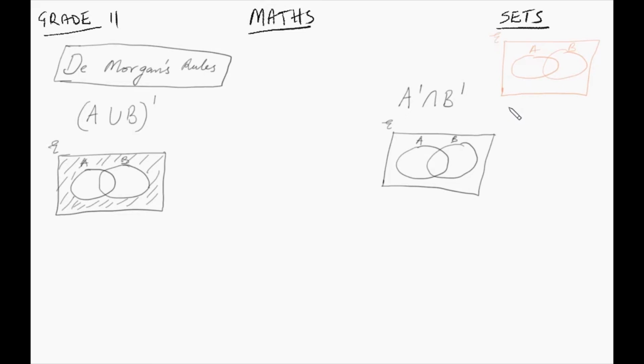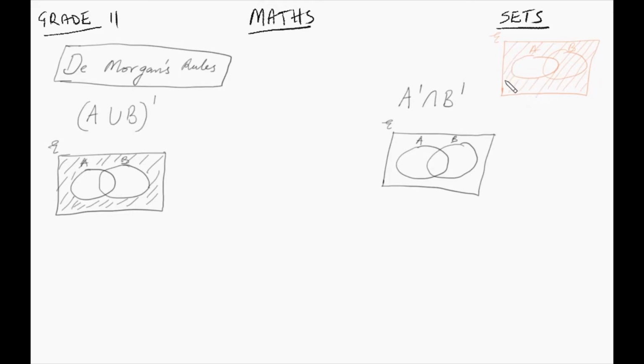All right. So you would say A complement is here, this region. No, don't get into A, please. I'm not shading there, I'm shading outside A. Then B complement. Where is B complement?